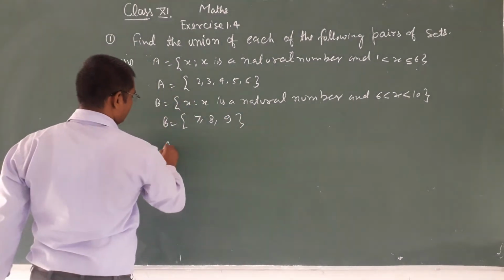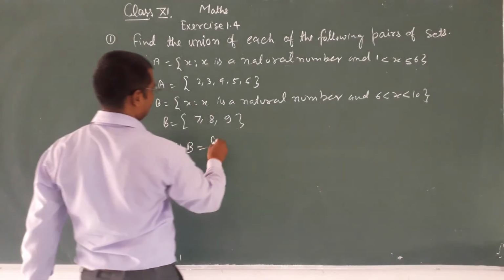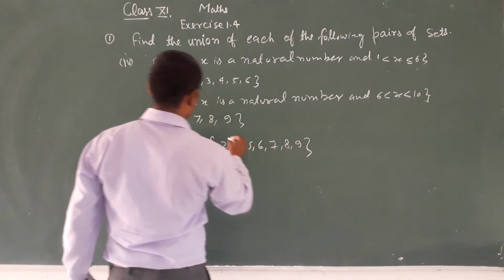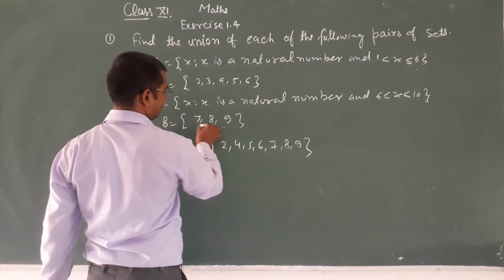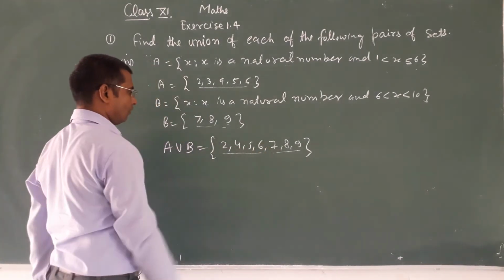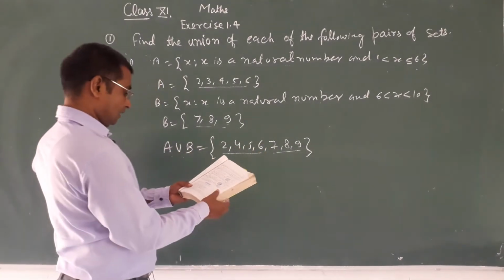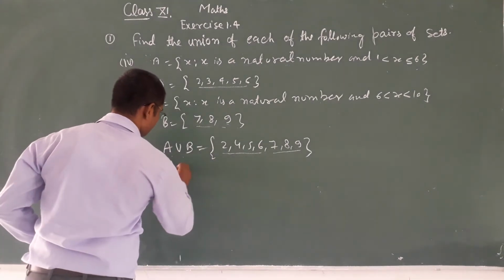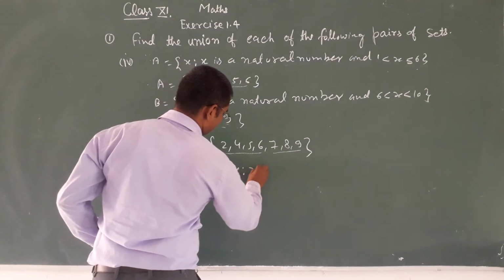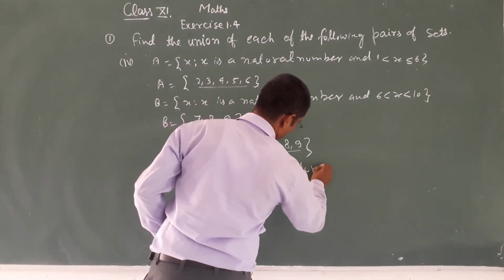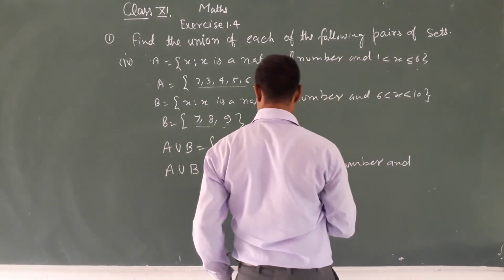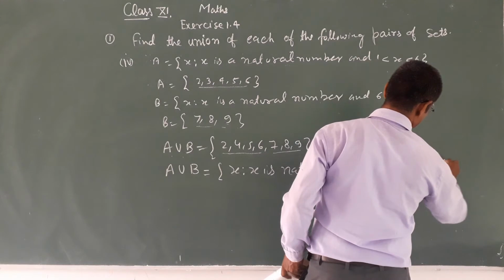So A union B is equal to the set of elements 2, 3, 4, 5, 6, 7, 8, 9: elements of set B and elements of set A, all elements of set A union B. And also you can write A union B is equal to {x such that x is a natural number and 1 is less than x less than 10}.